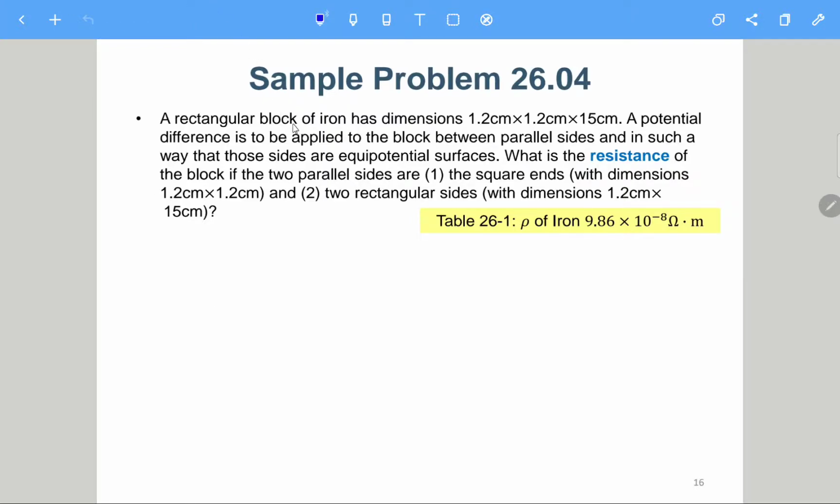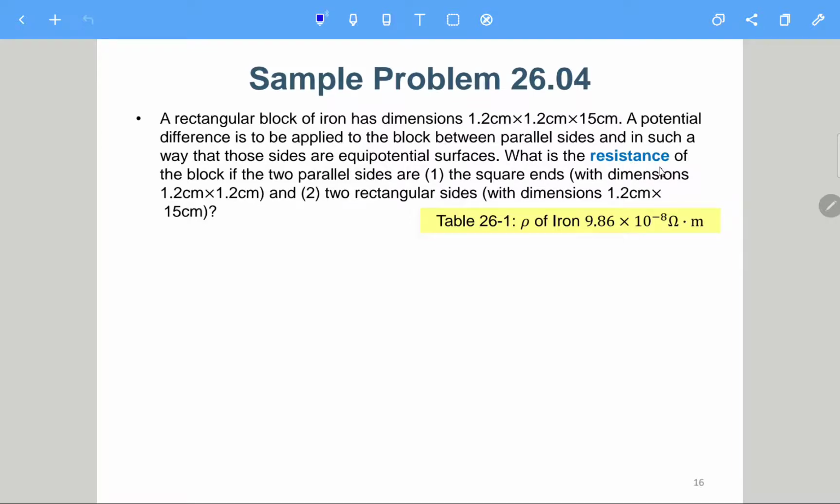A rectangular block of iron has dimensions 1.2 times 1.2 times 15 centimeters. A potential difference is to be applied to the block between parallel sides in such a way that those sides are equipotential surfaces.